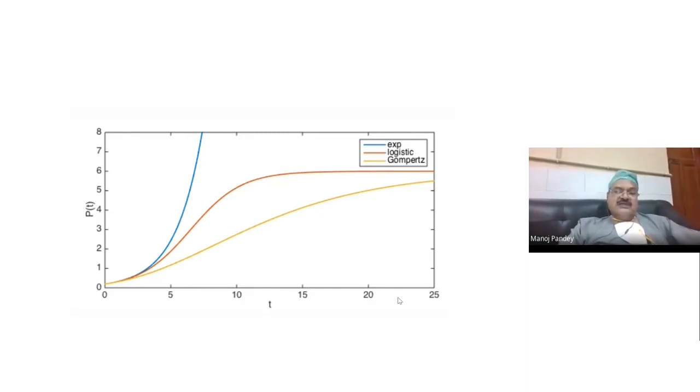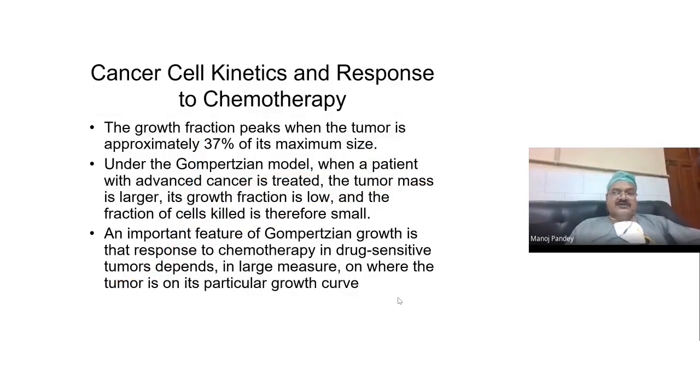So the number of cells in the center will keep on decreasing, the numbers at the periphery will keep on increasing, and the difference of death versus new cells produced will keep on reducing your growth rate. It is said that the growth fraction peaks when the tumor is approximately 37% of its maximum size. So when the tumor reaches approximately one third of the maximum size it can attain, the growth fraction is highest. As it goes above 37%, the growth fraction will keep on reducing.